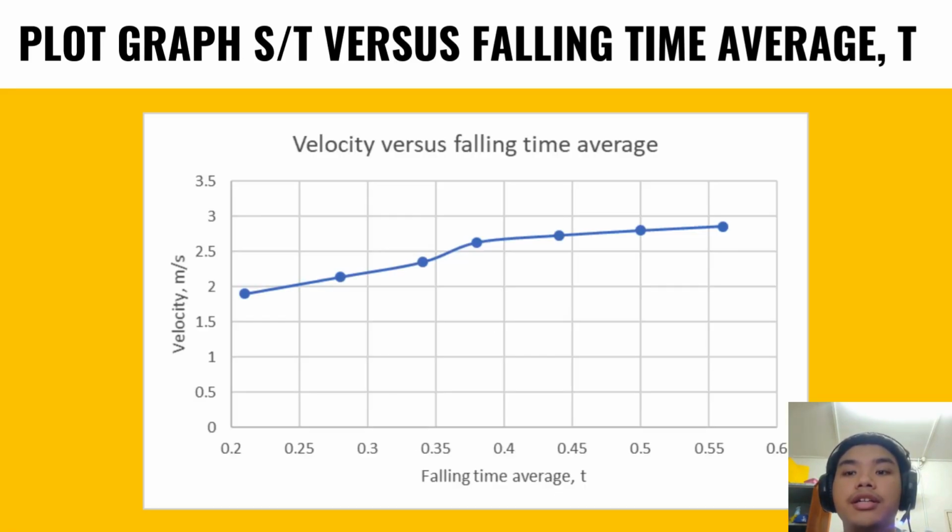Next, from the data that we get, we can plot the graph of velocity versus the average falling time. Then from this graph, we can get a gradient, and from the gradient, we can get the value of the acceleration of gravity.